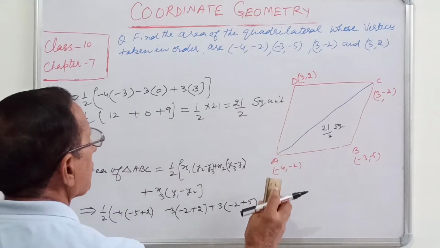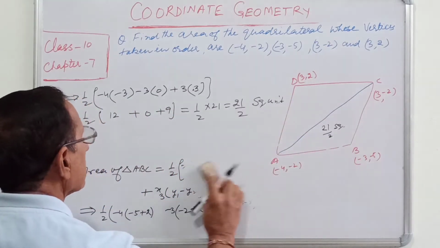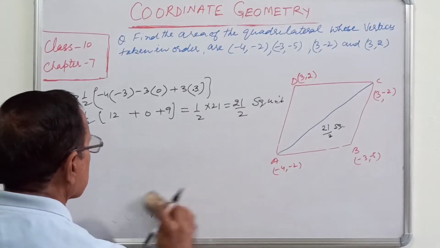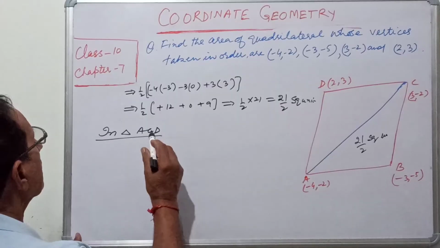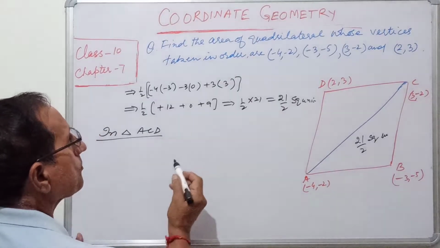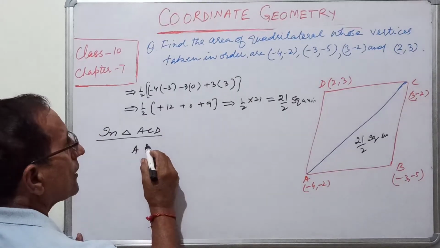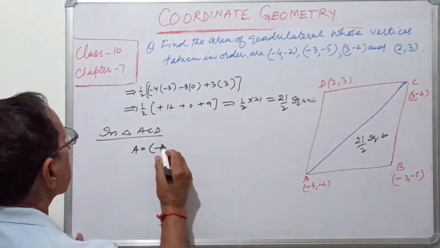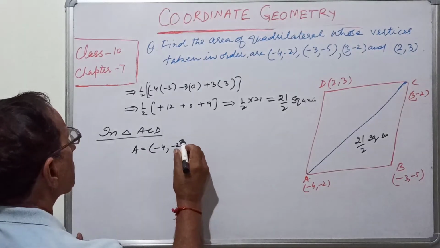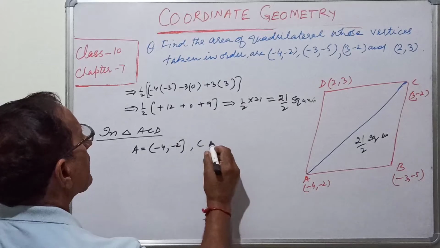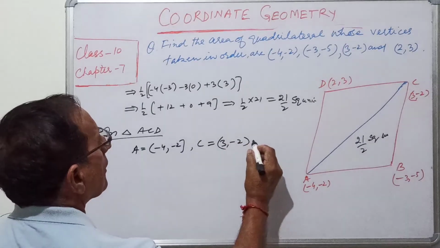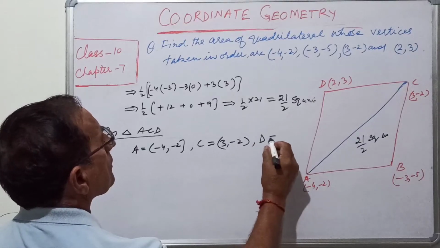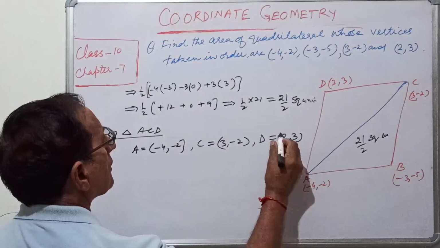Now the triangle is the upper triangle ACD. In triangle ACD, the coordinates of point A are (-4, -2), C is (3, -2), and D is (2, 3).